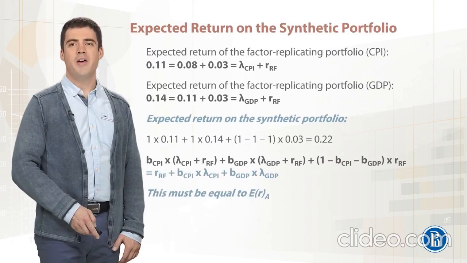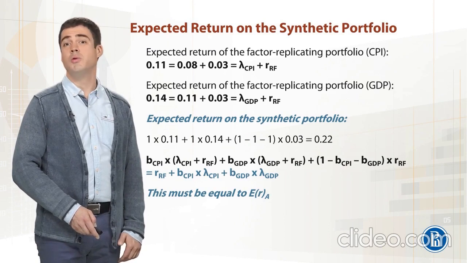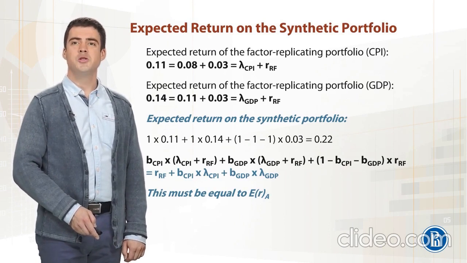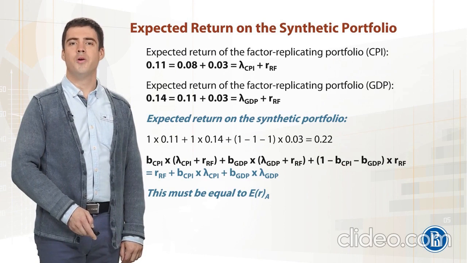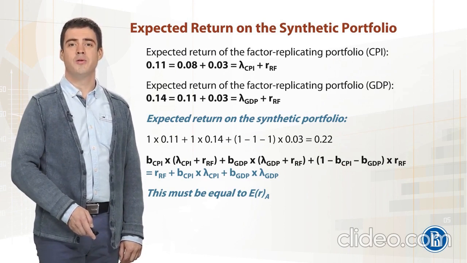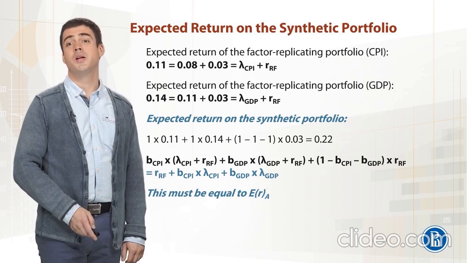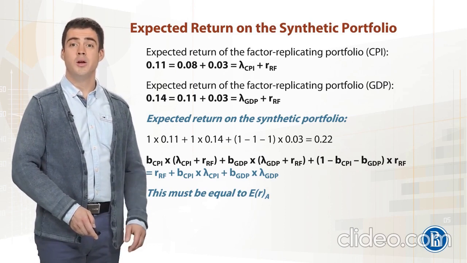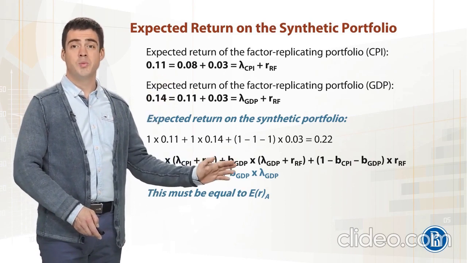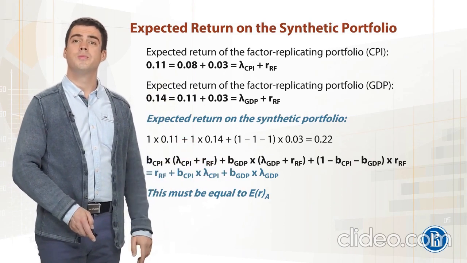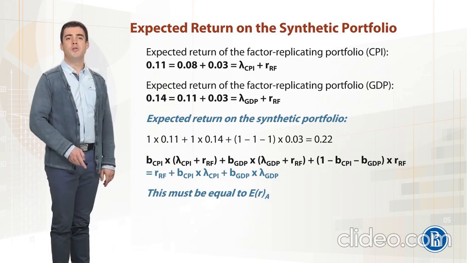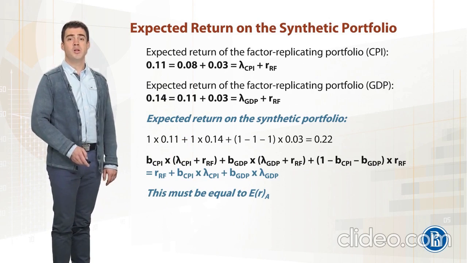Now we can look at this model with respect to expected returns. As we know, the expected return of the CPI factor replicating portfolio equals 11%, or 8% plus 3%, which is equal to the appropriate factor risk premium plus the risk-free rate. We can say the same about the expected return of the factor replicating portfolio for GDP, which equals the GDP factor risk premium plus the risk-free rate.